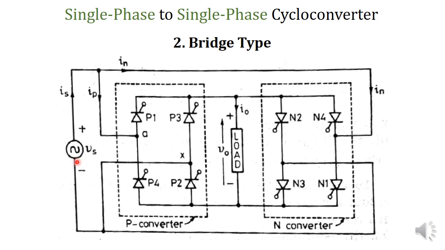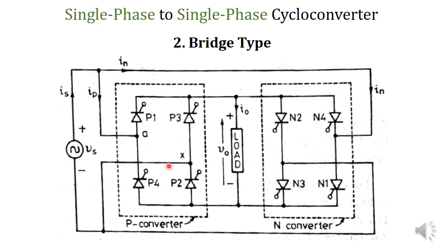Both are fed from the same supply voltage Vs, and both are feeding the same load, a single phase AC motor. Whenever the output should be positive, only the P converter is operated. Whenever we need a negative voltage, the N converter is operated.